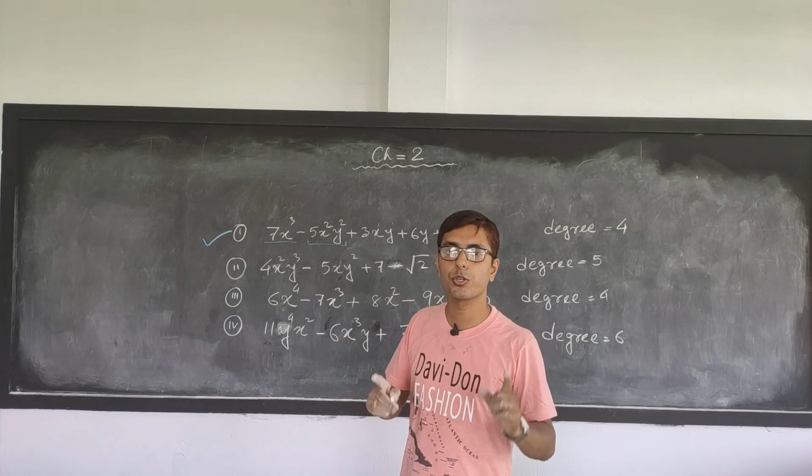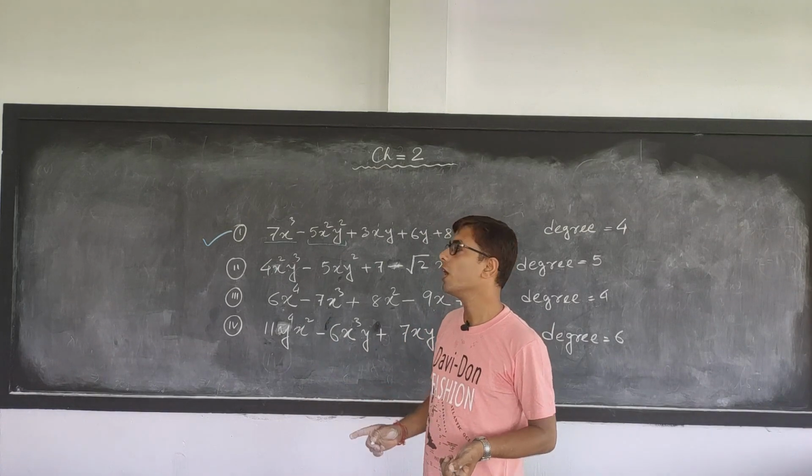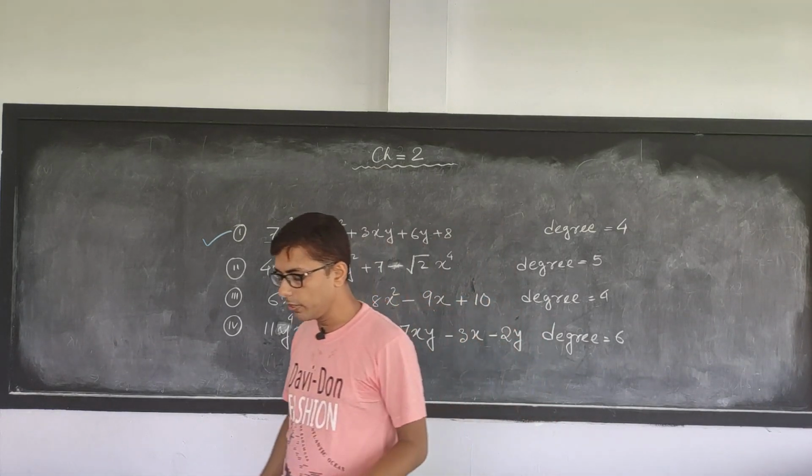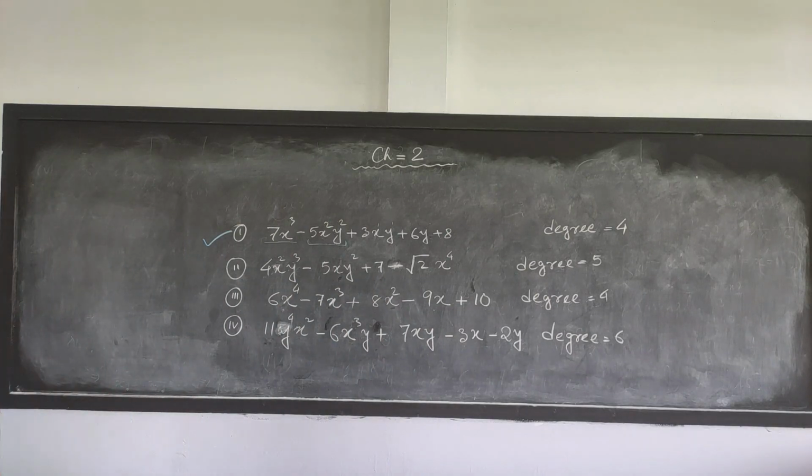And the maximum power so obtained will be the degree of this polynomial. Then we have learned different types of polynomials, and in class 9th standard this is enough to learn. Now we have to learn what is the zero of a polynomial, value of a polynomial and zero of a polynomial. We will discuss it in our class.